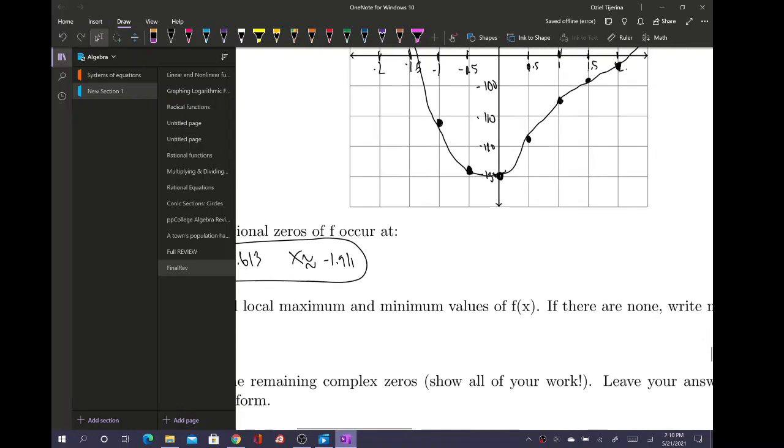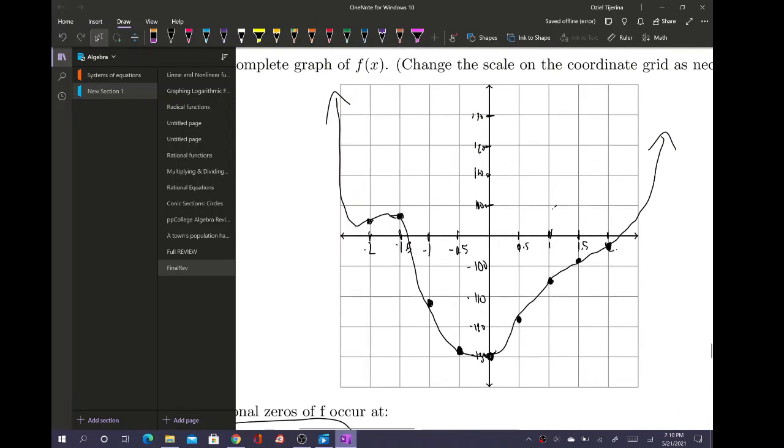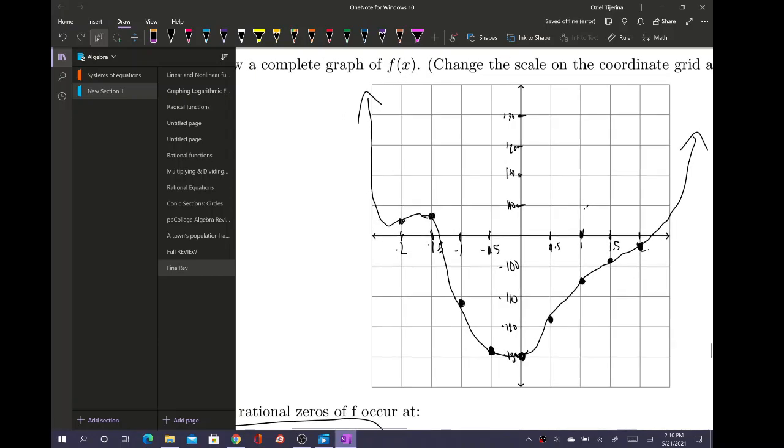Okay, so obviously, the local maximum for this function is the one that is, how do I say it, the first lowest value, right?